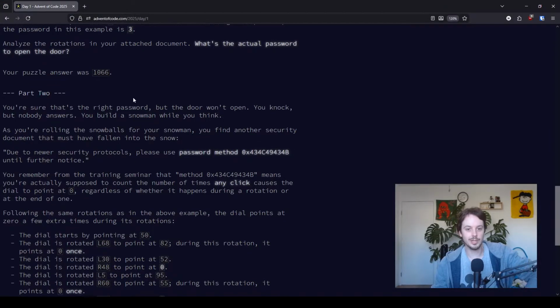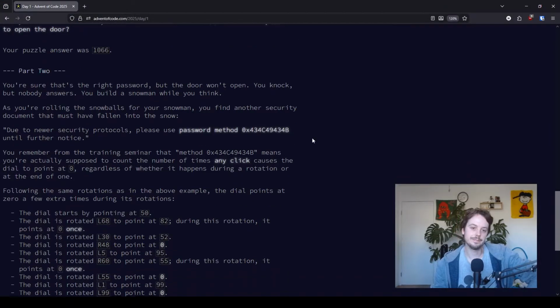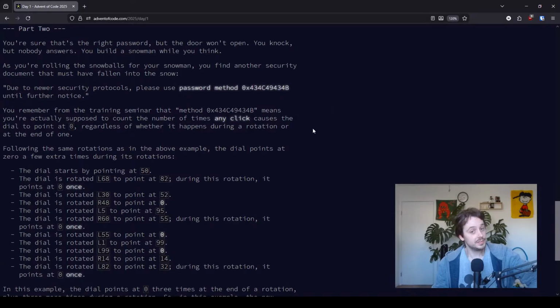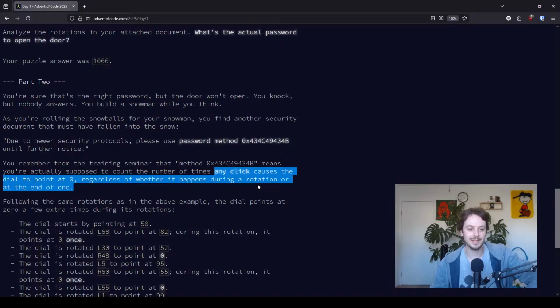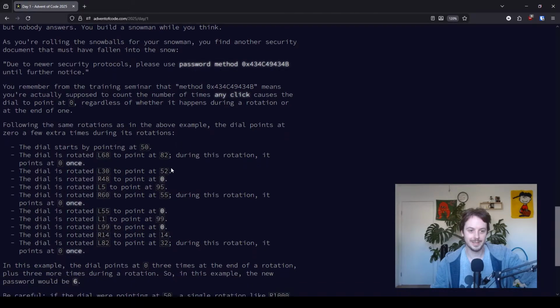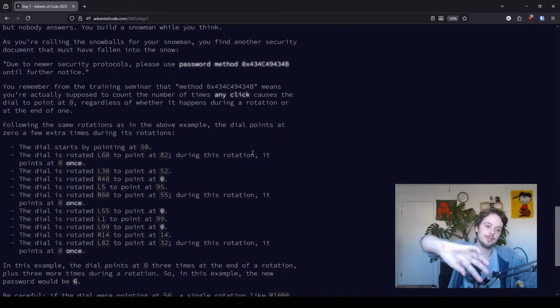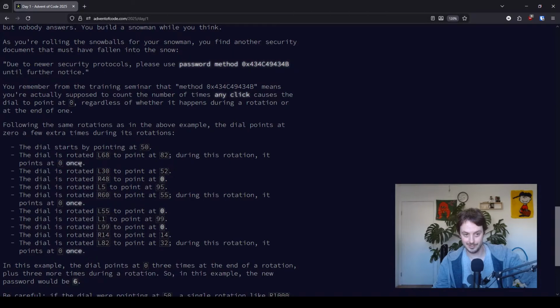so for part 2, the problem is similar to before, but instead of landing on 0, it's basically any time you pass the number 0, you want to increase your count, right? So for the example, you start at 50, you point all the way around past 0 and land on 82, but we still want to count that 0 as one that we've passed.